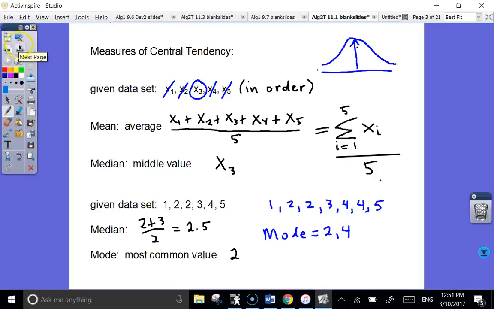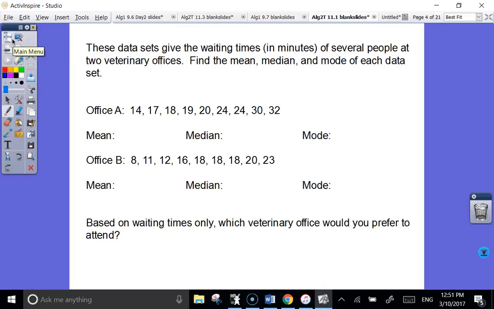Okay. So these data sets give the waiting times in minutes of several people in 2 veterinary offices. Find the mean, median, and mode of each data set. So, calculator time.